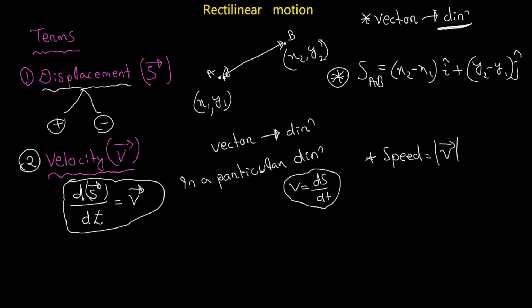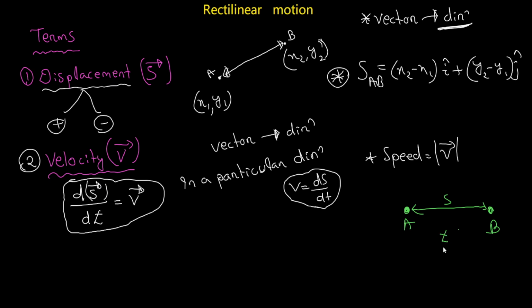Suppose, see, the example will be like this. You have 2 points, this is point A and this is point B. You are traveling a distance of s. The displacement is s. In how much time are you covering this displacement?